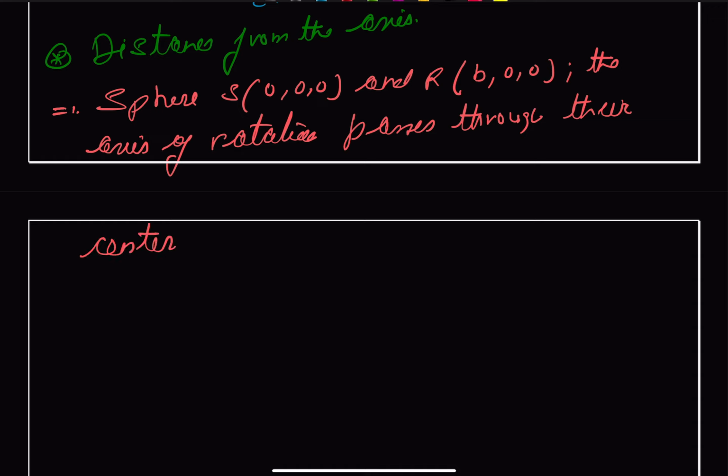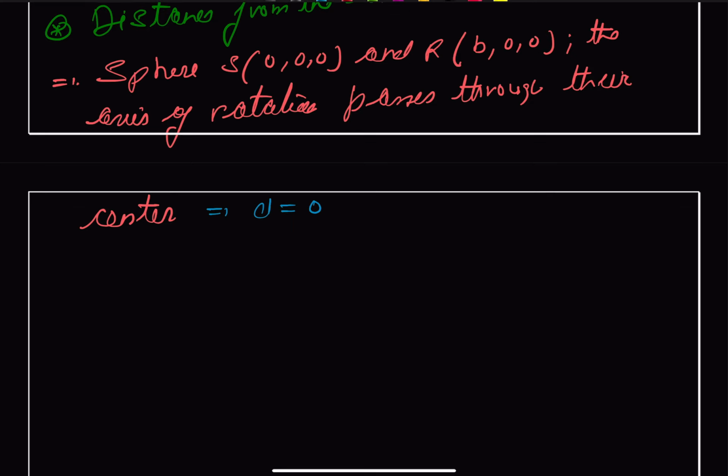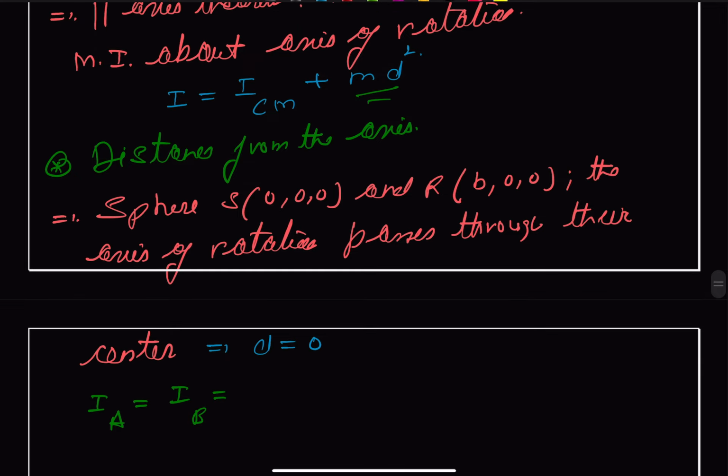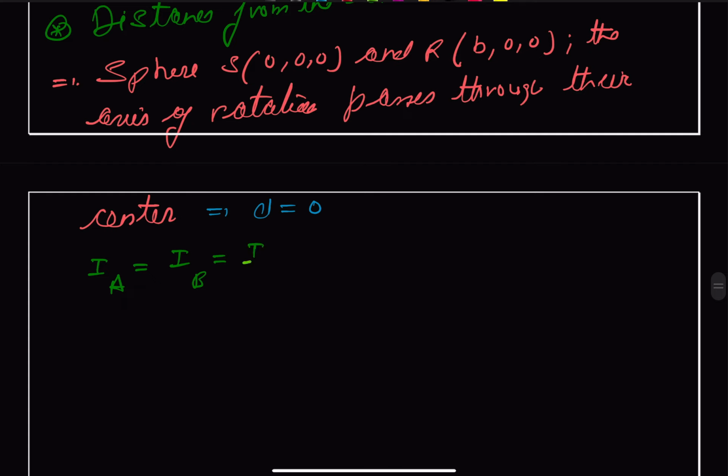Therefore d is equal to 0. Thus the moment of inertia of sphere A will be equal to that of sphere B, and putting d equal to 0, I is equal to ICM, which is 2 by 5 MA square.